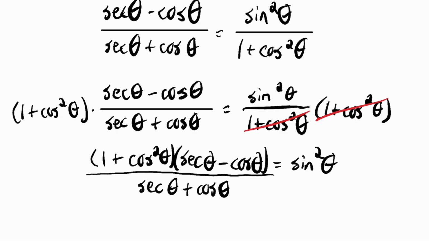Rearrange this a little bit, try to save some effort. Okay, so there we go. I've multiplied both sides by 1 plus cosine squared theta and canceled as appropriate. So now I'm going to multiply both sides by secant theta plus cosine theta.